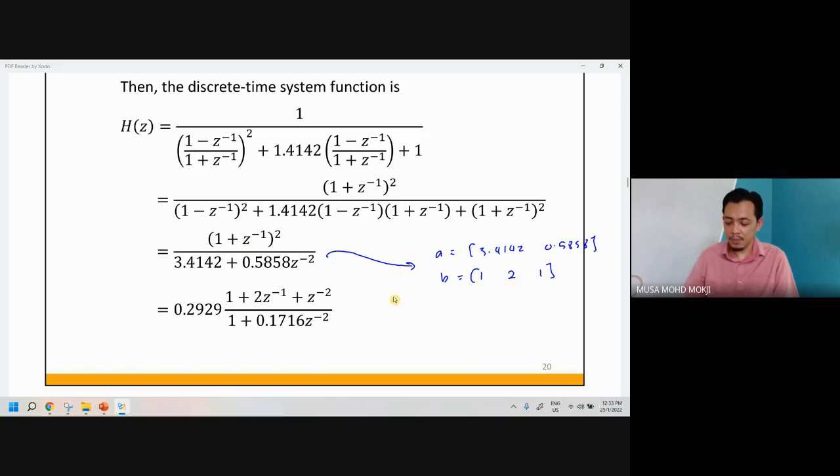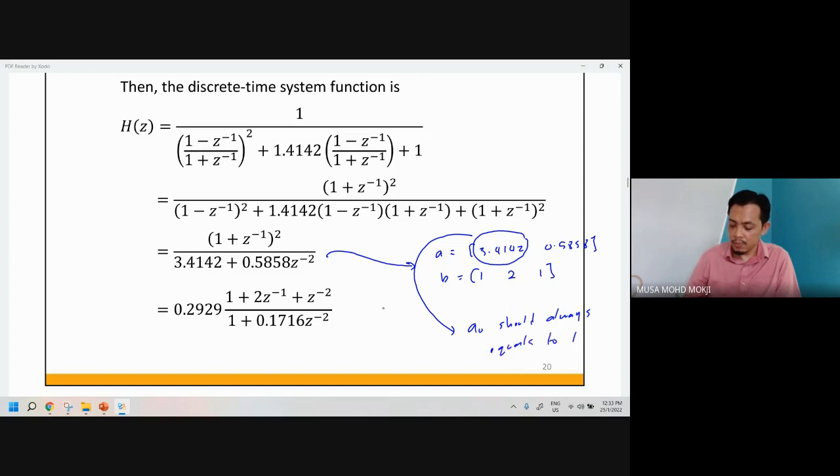But what I'm highlighting here is this value. This is A0, and actually we should always set A0 equal to 1, because this A0 will be multiplied to y[n], and we don't want a multiplier on y[n].